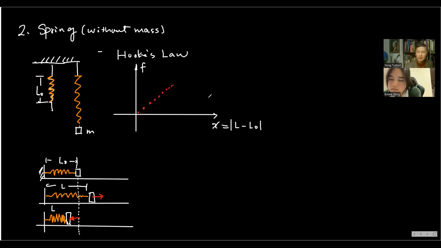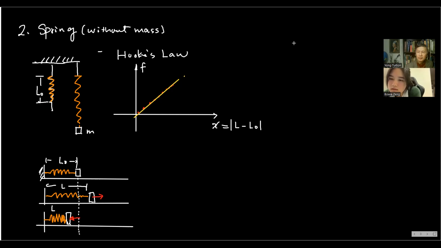Based on this experimental measurement, he argued that if the change of the length is not very small, not very large, then we can describe this dependence as a straight line, a linear function.